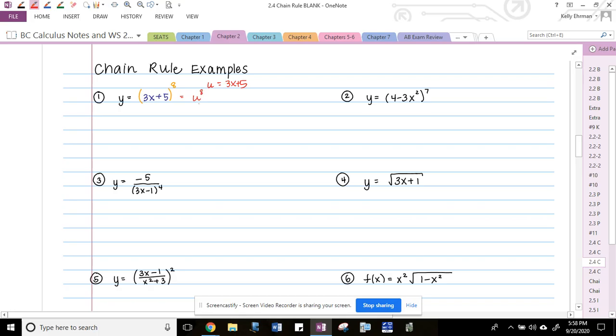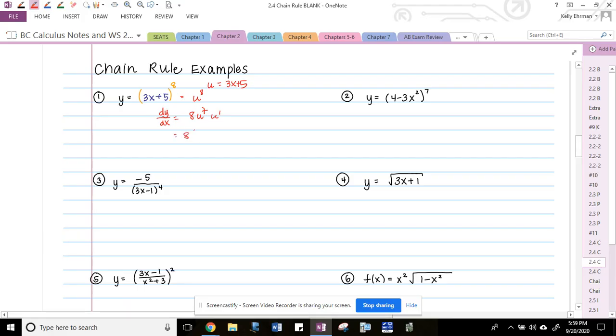All right, so what is the derivative dy dx? What's the derivative with respect to x? First, let's just take the derivative of u. It's 8 times u to the 7th. But then I have to remember to add this little u prime in here. All right, so what would u prime be? And let's go ahead and fill in what u is.